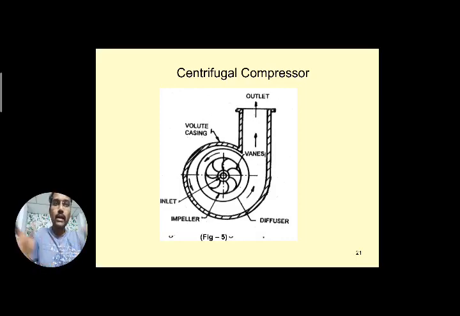We will see the range of capacity for using these centrifugal compressors. Just have a look at how they are constructed. You can see the components here. What are the components involved? There is an impeller, or a rotor.